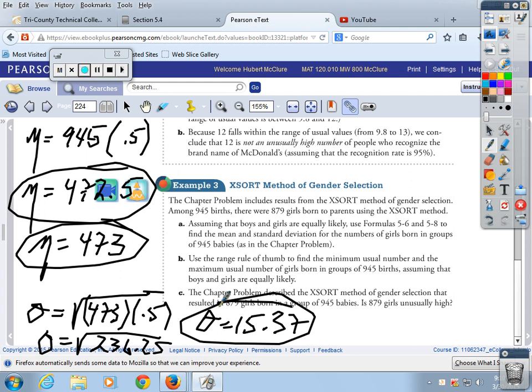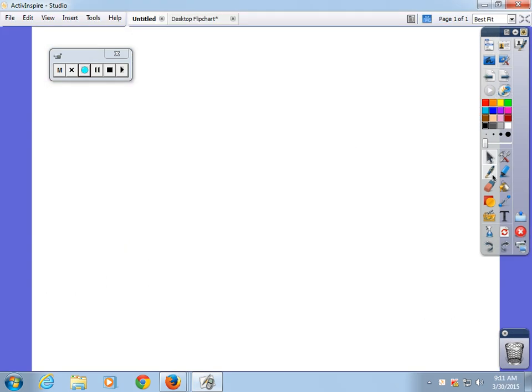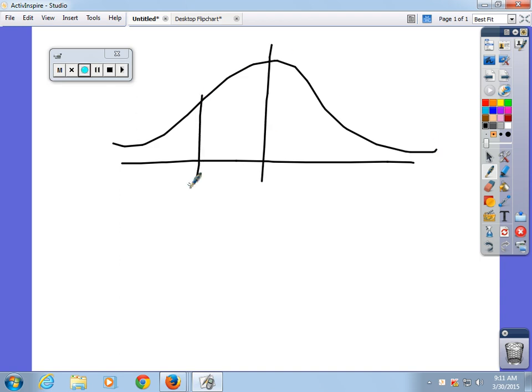So now you draw your handy dandy curve. I'm going to change this to 473, and that to 15. So 473 and 15. 473 plus 15 is 488. 488 plus 15, what is it?